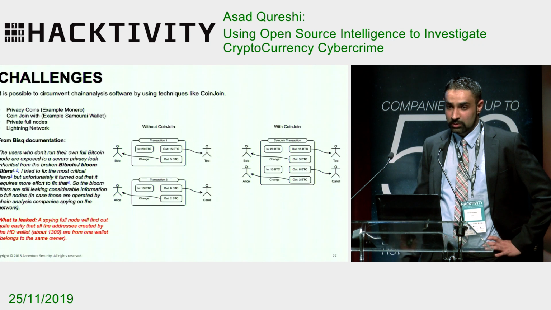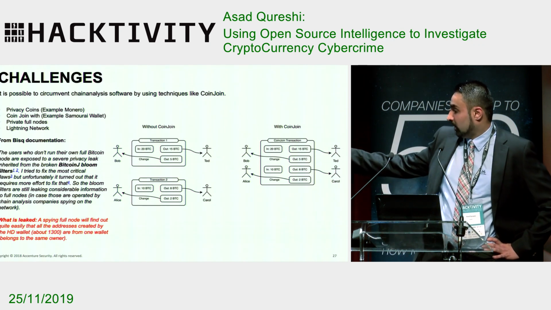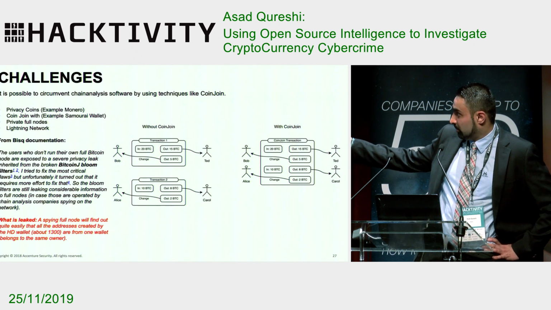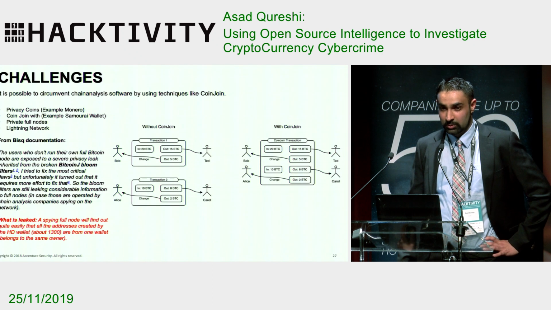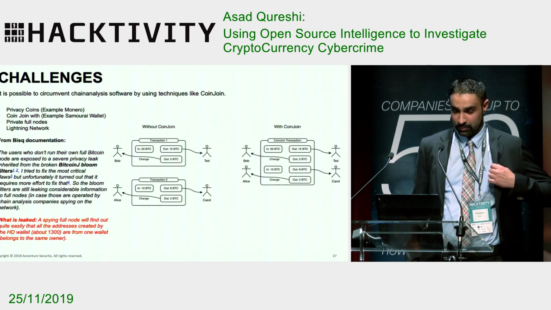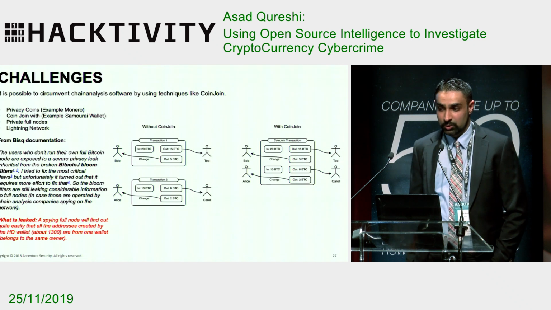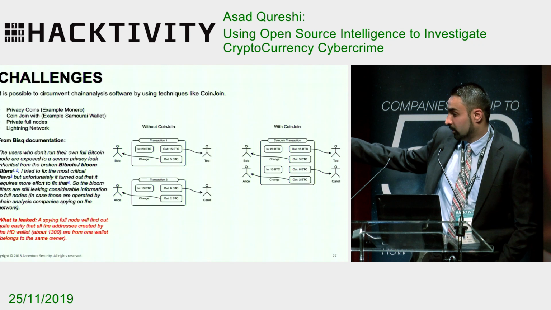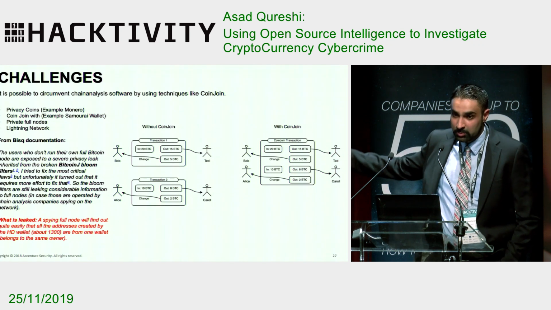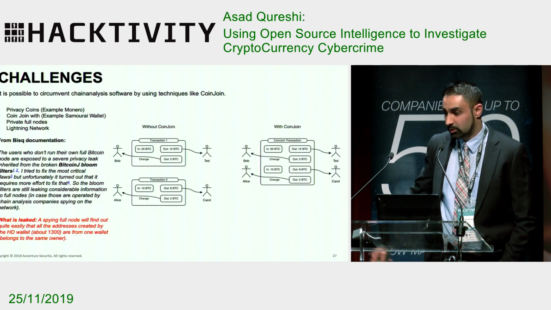Lightning Network is a second layer protocol. It will maybe add some privacy features in Bitcoin, but we don't know when. Most probably it will be optional privacy features coming in future. That will also make it harder for us to trace the origin of a transaction.